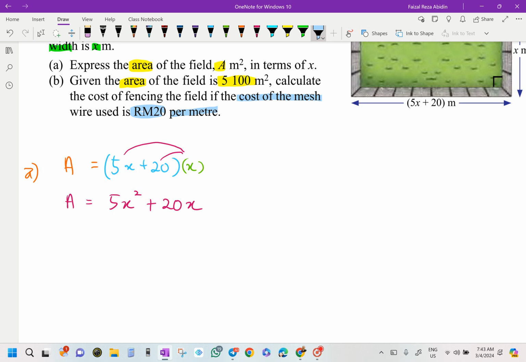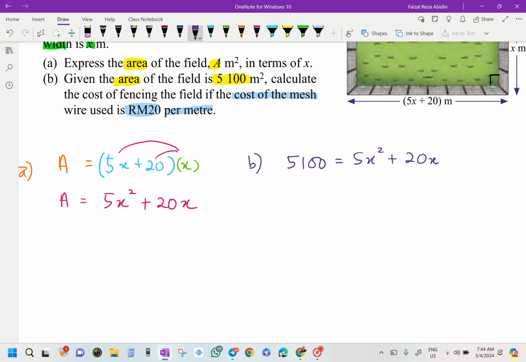What should we do first? Yes, we are going to make our quadratic equation by substituting the value of our area. So we have 5x squared plus 20x.